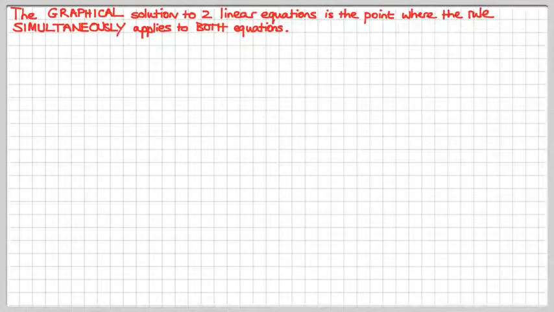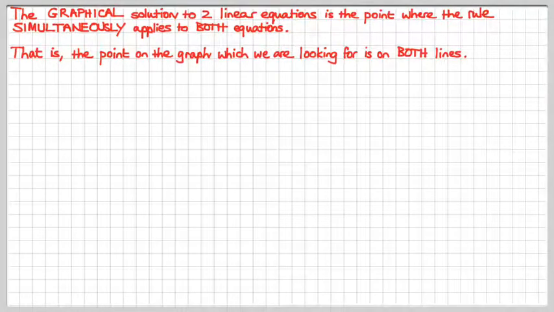The graphical solution to two linear equations, which means straight line equations, if you draw them on a graph they're a straight line, is the point where the rule simultaneously, that means at the same time, applies to both equations. Now, what does that mean?